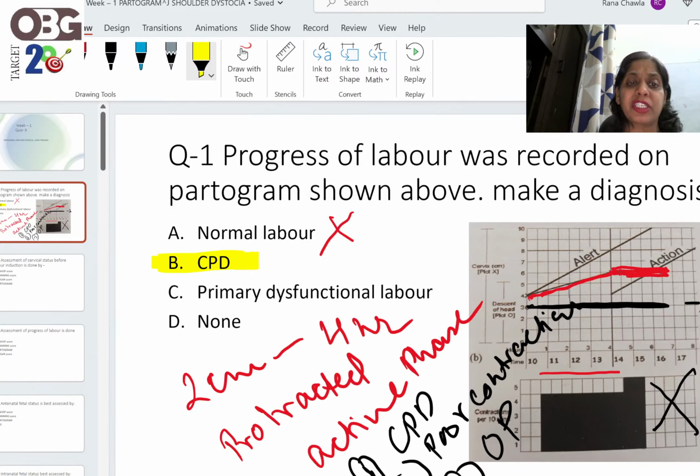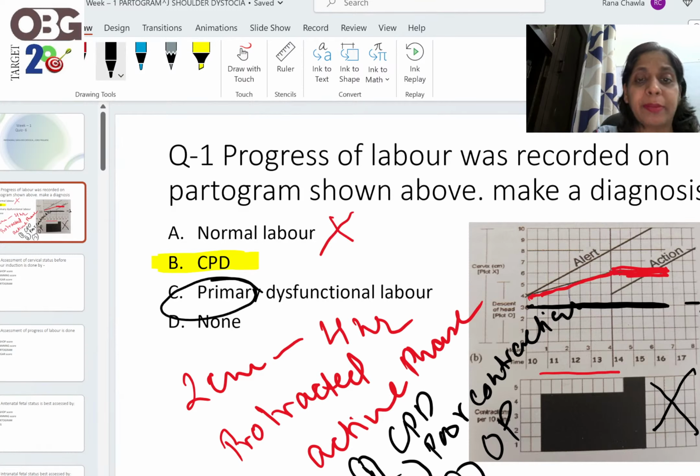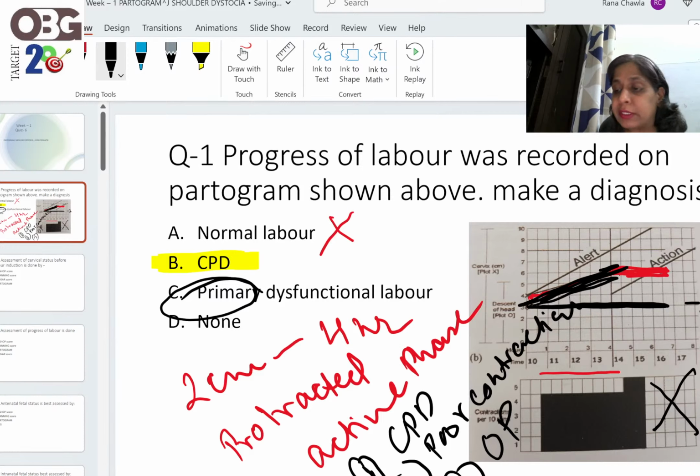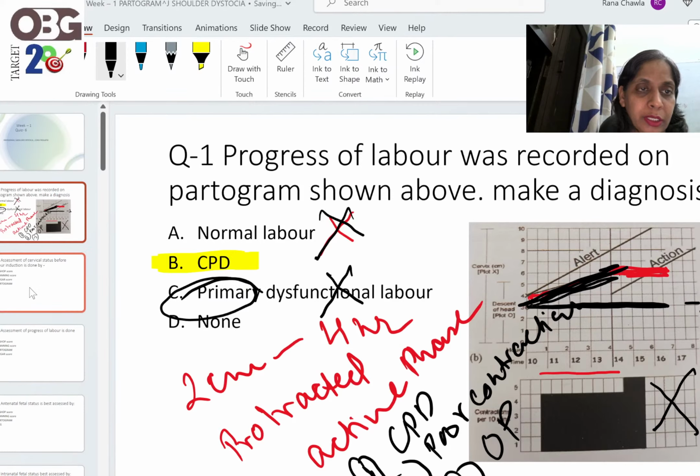It is not a primary dysfunctional labor, because initially a progress was there. So it is not a normal labor, and it is a case of CPD. Occipito-posterior is not in the options, and good contractions have been ruled out. Okay, let's go to the next.